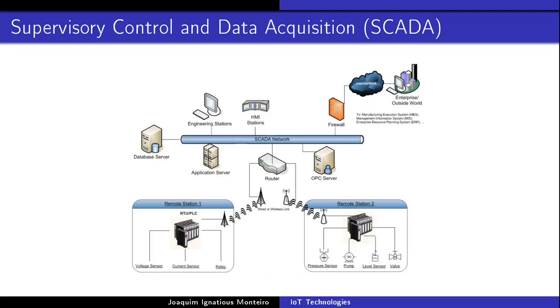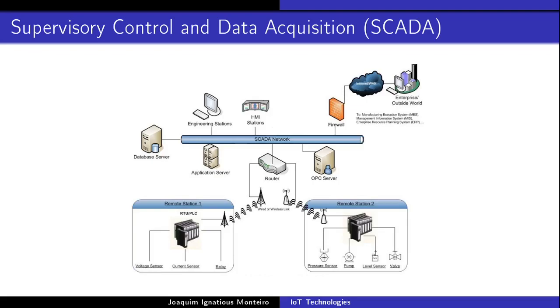But despite all this, the data analytics part, which is a strong point of Internet of Things, is not available in SCADA. But there are efforts to add this data analytics and prediction part.